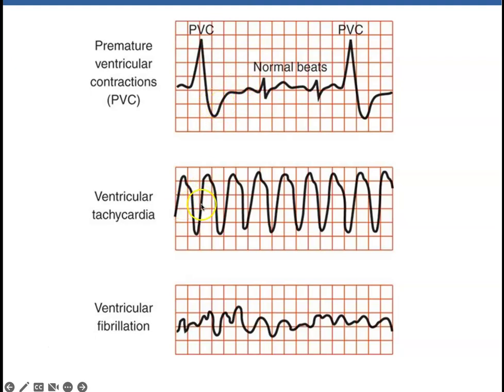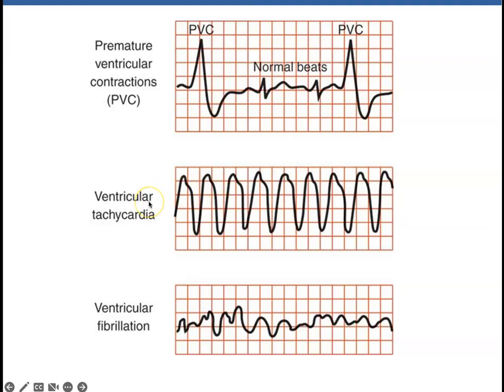Then the ventricular tachycardia, these are going to be wide, because you can see here the origin of the actual rhythm is from the ventricles, and you know that because this QRS is really wide. And so here's your ventricular rhythm. At least this one is what we call monomorphic, which means it's regular. So people that are having this are probably going to have a pulse. Sometimes they don't.